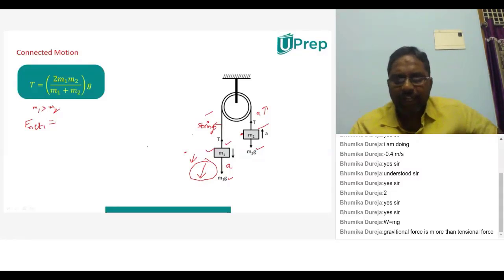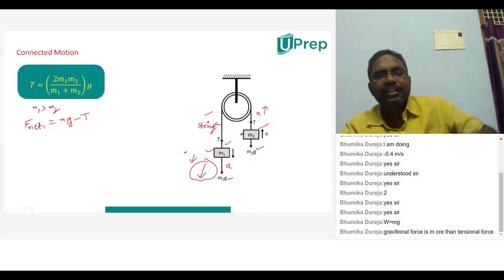So that's why the net force F acting on the first object I can write like this. See here, what can I write? M1g minus tensional force. Why am I writing minus tensional force? Because these both are in opposite directions.